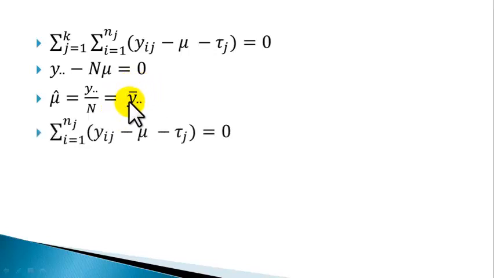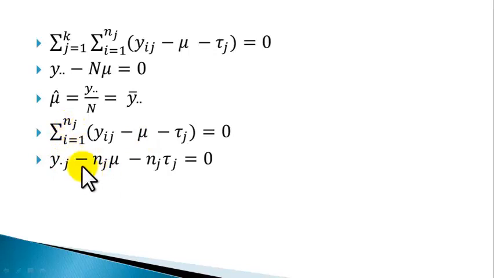Next, we differentiate with respect to tau j and equate to 0, and that will give us this. Again, when you open the bracket, we obtain the sum of yij as i goes from 1 to nj, which is y dot j, minus, when you sum mu as i goes from 1 to nj, nj mu. Then minus, when you sum tau j as i goes from 1 to nj, that will give us nj tau j.